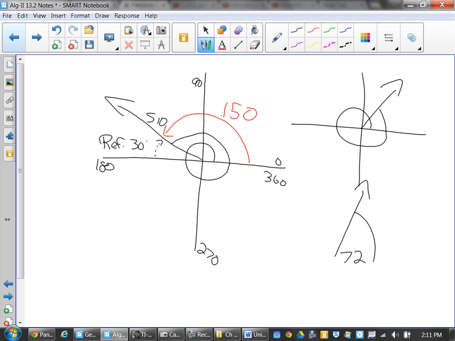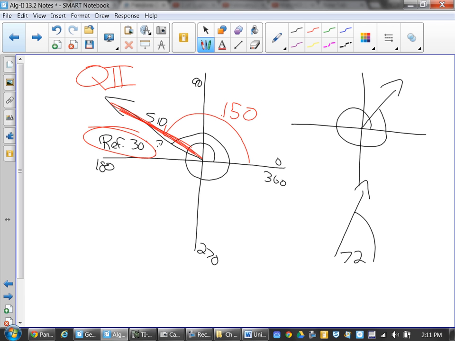So the 150 degree angle as well as the 510 degree angle, they share the same terminal side. They're in the same quadrant and they have the same reference angle. That means they are coterminal. Okay? Yes, sir? Do all coterminal angles have the same reference angle? No, it's just dumb luck. Oh. Okay?